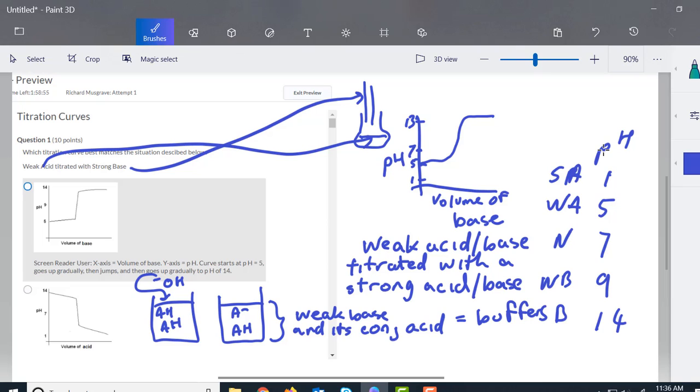This will only happen upon the addition of a strong acid or a strong base. So in this instance here, we are indeed adding a strong base to a weak acid. So I actually would expect the buffer region. Now the buffer region is going to be here.